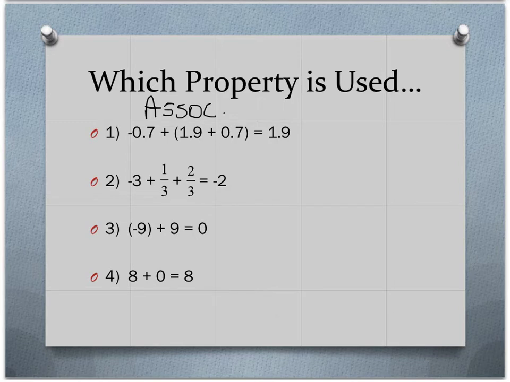So instead of grouping 1.9 plus 0.7, I notice here I have a negative 0.7 or negative 7/10. So to me, I know that that would be the inverse property. A number, negative 7/10, plus its opposite, which we have is going to be plus positive 7/10.